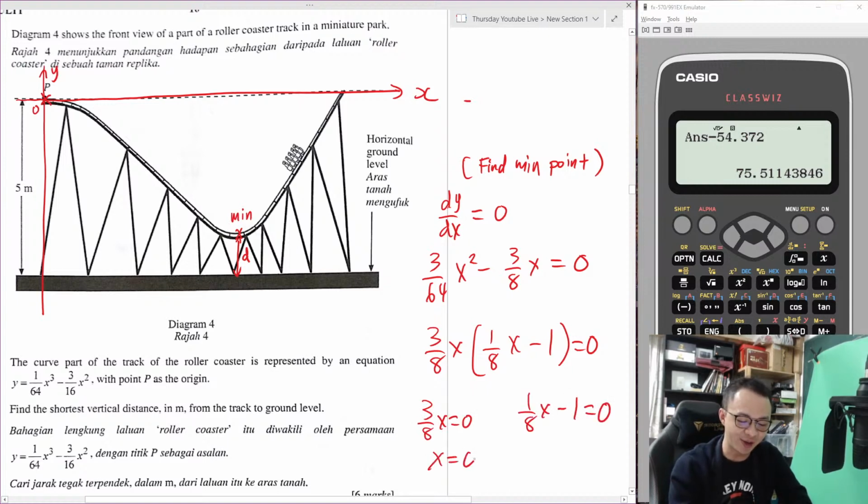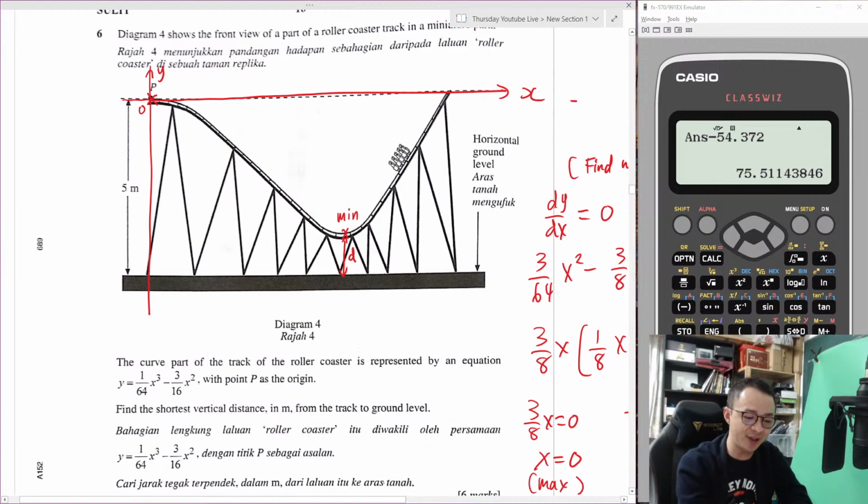The first one, x equals 0, I assume this is the maximum. This one, x equals 8, I assume is the minimum. Because if I assume my P is the origin, you can see the origin looks like the highest at x equals 0. So this one, I will assume is when x equals 8.